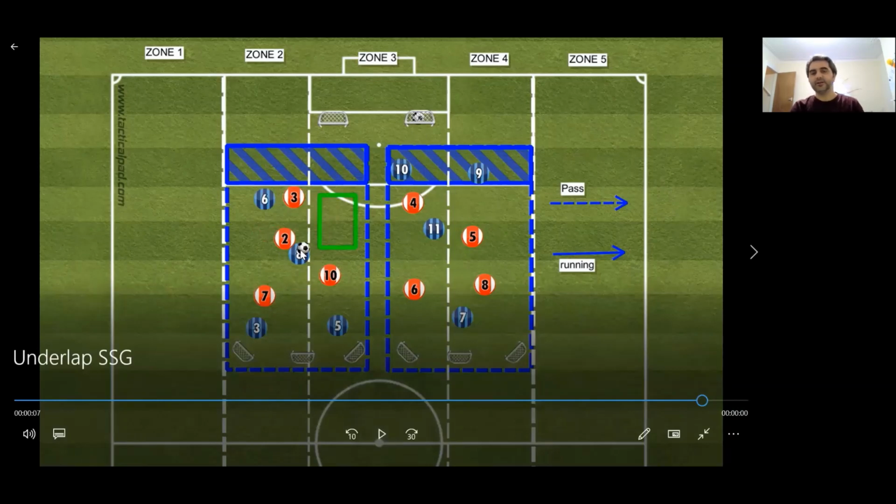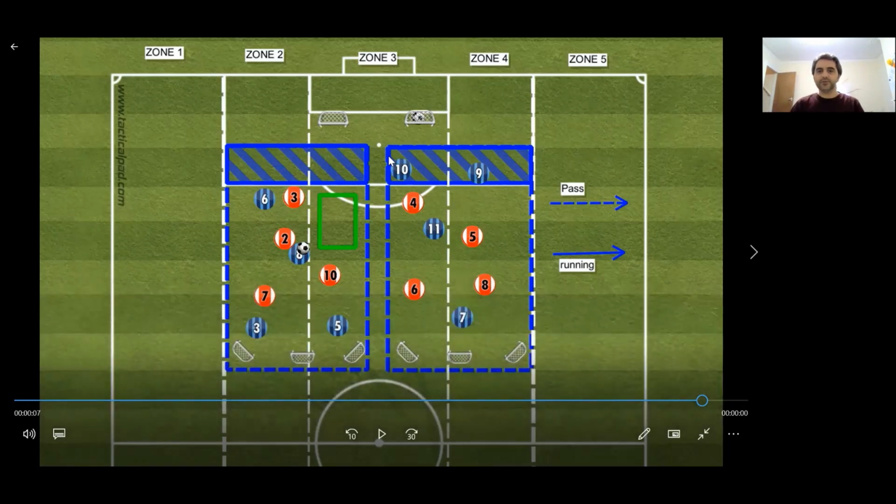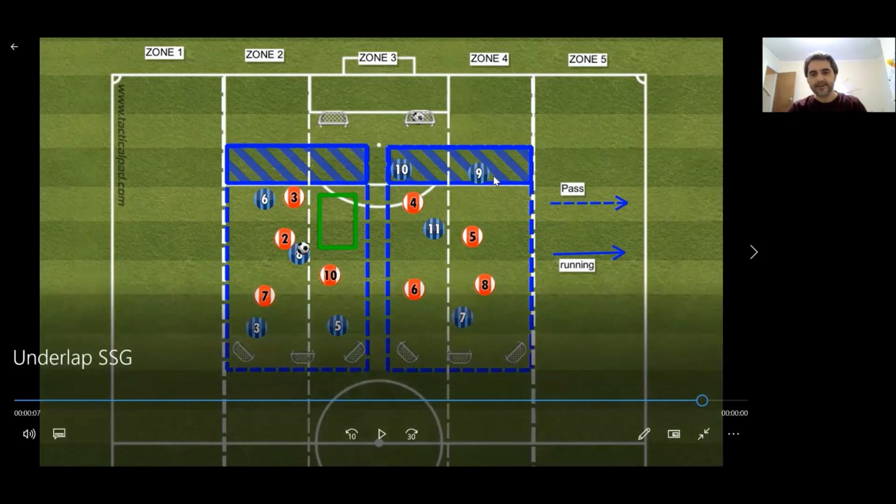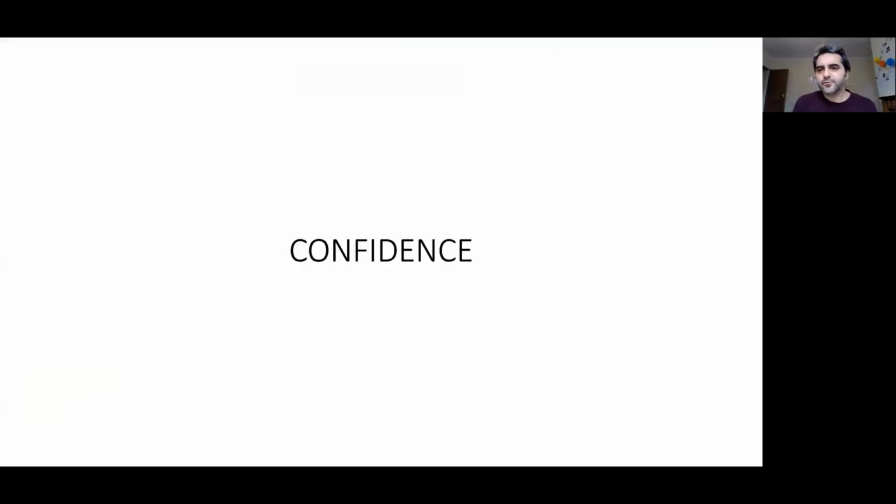So number 8, we can ask number 8 to make his own dribble and finish the drill, or we can ask number 5 to make his runs, and we can play directly to him, and then he can finish his runs, his attack with this. So this is the animation of the small side game. It's simple, as I told you, and I found it very useful. That's all for today about our drill and the small side game.